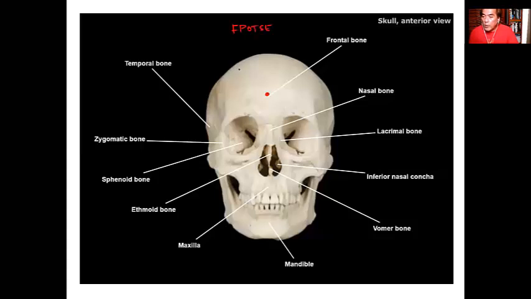Frontal, parietal is to the side here, occipital is to the back, temporal is to the side here, and then sphenoid. The posterior wall of the orbit is sphenoid, and the ethmoid is somewhere inside the roof of the nasal cavity. So those are your basic cranial bones.